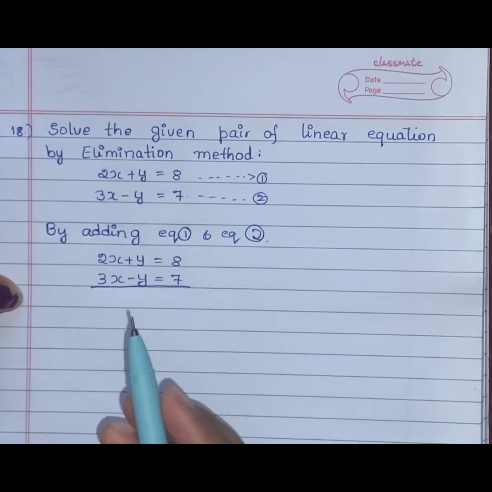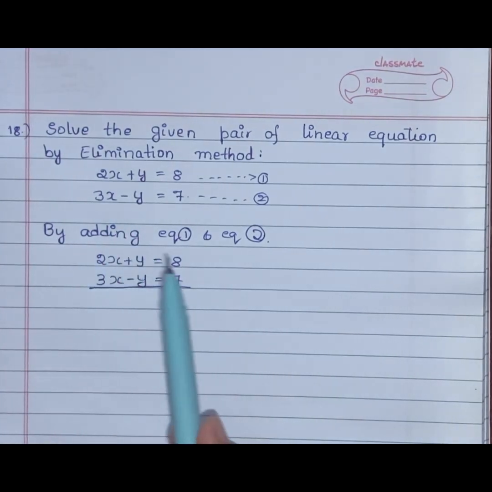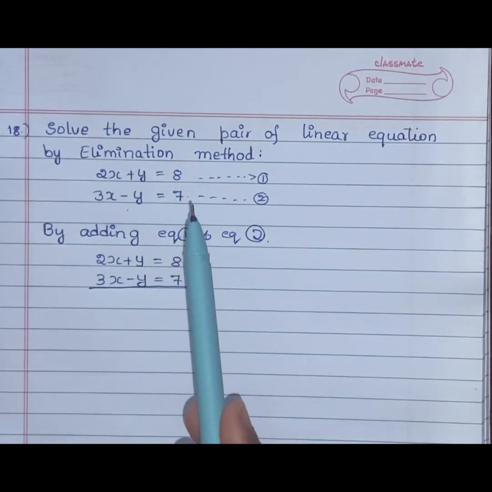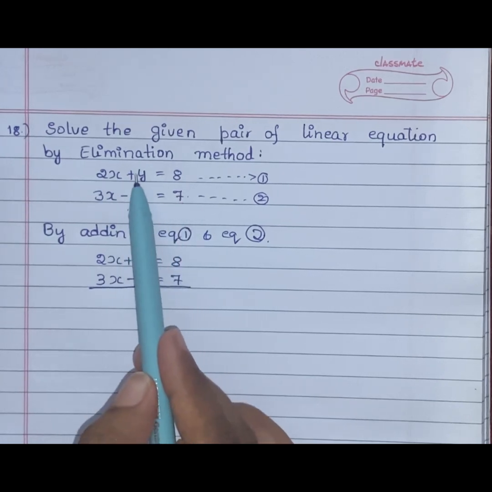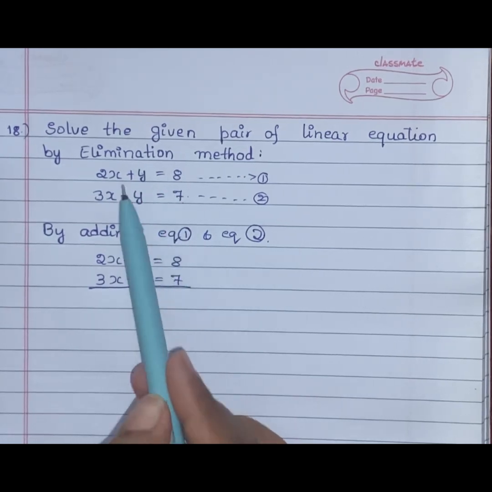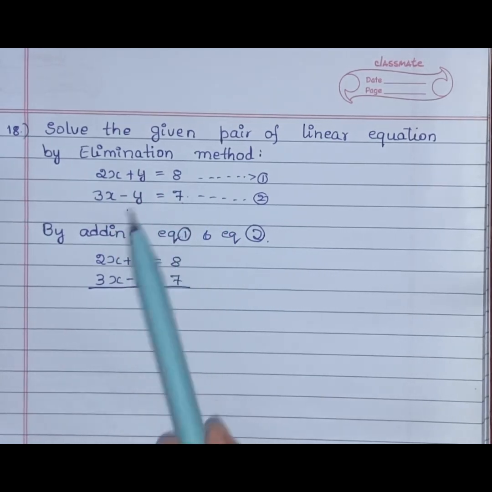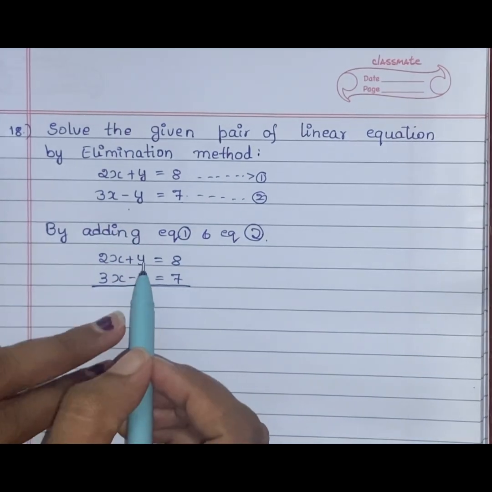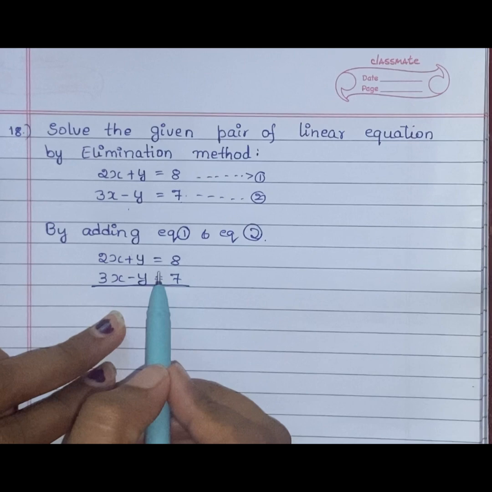Why did we select adding? Because if we add these two equations, then plus y and minus y get cancelled. So that is easier for us to find the value of x. So we chose the adding method over here.